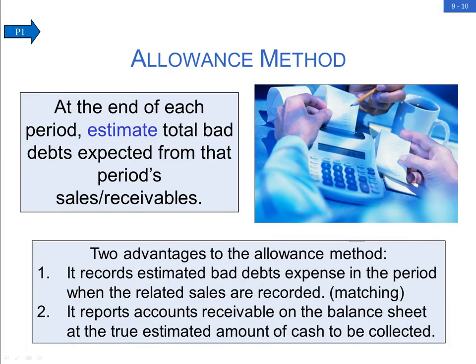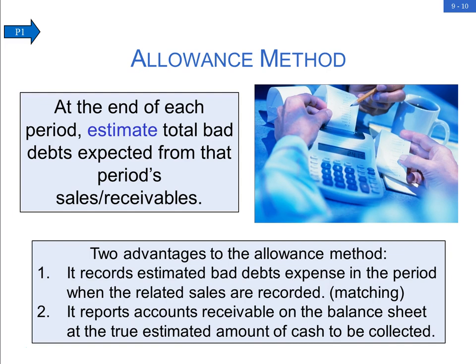A couple of benefits of the allowance method. Number one, it records an estimate of bad debt expense in the same period when the sales related to that bad debt expense are recorded. So we're matching expenses with the revenues that they're helping create. Remember, extending credit, or allowing customers to purchase on account instead of paying us cash, does come with some expenses.